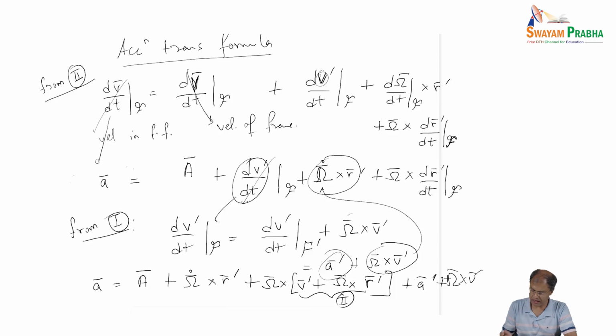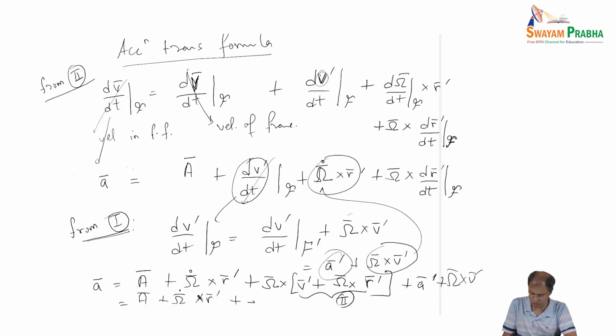We have clubbed all the terms together after using velocity transformation formula 1 and velocity transformation formula 2, and we see that there are these various terms. The first term, I am going to rewrite: this is A plus omega dot cross r prime. So this is the acceleration of the object in the fixed frame.